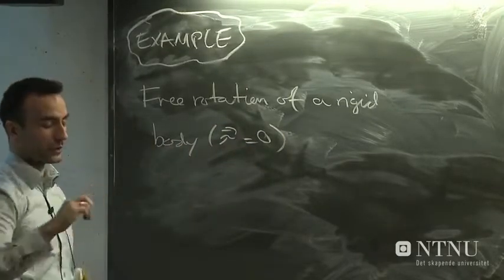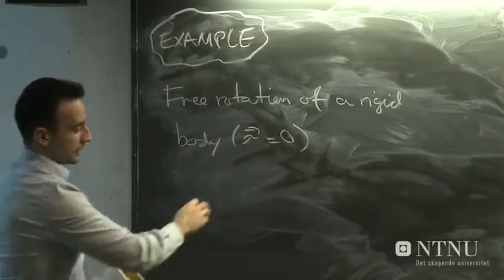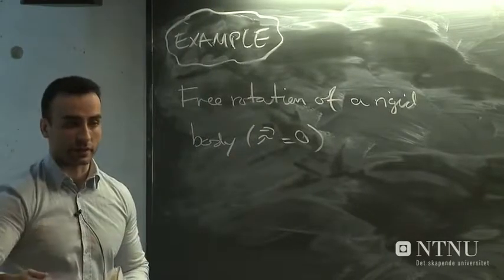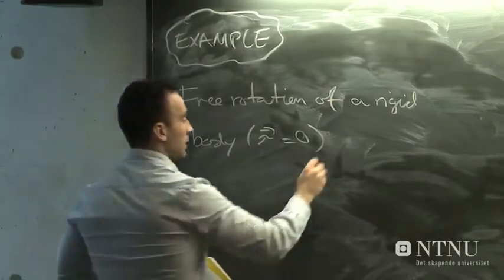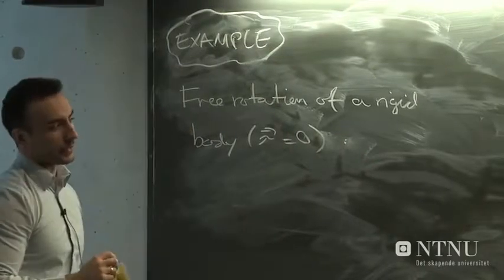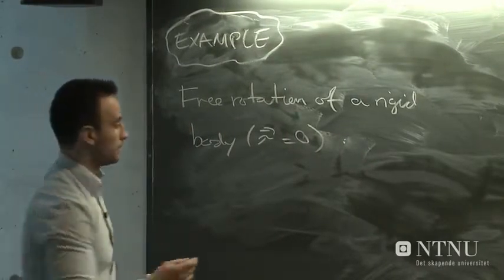We'll consider free rotation of a rigid body, meaning that the torque exerted on the body is 0. And we'll show how this gives rise to a phenomenon known as precession.